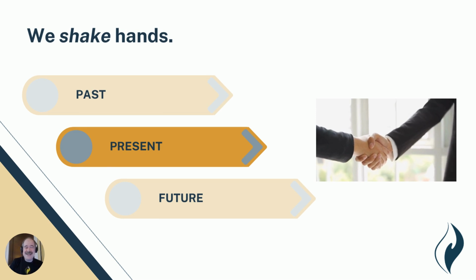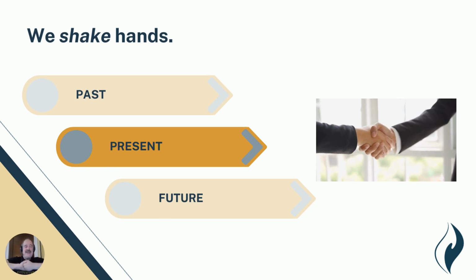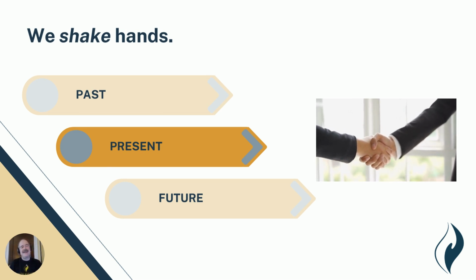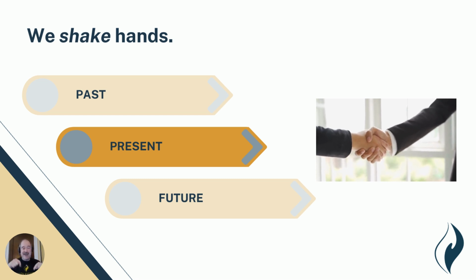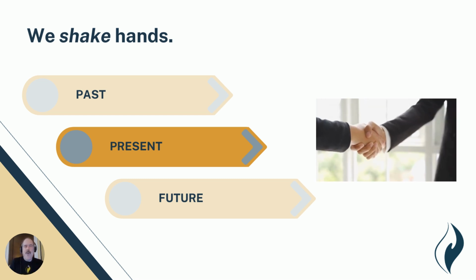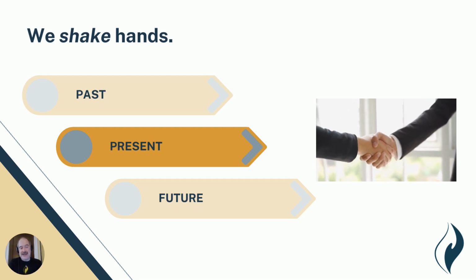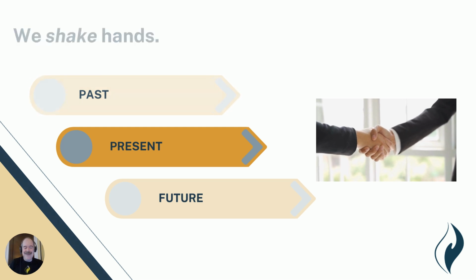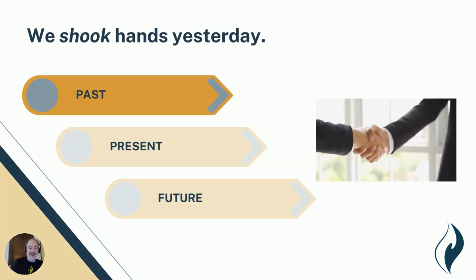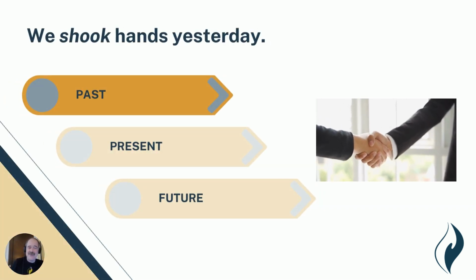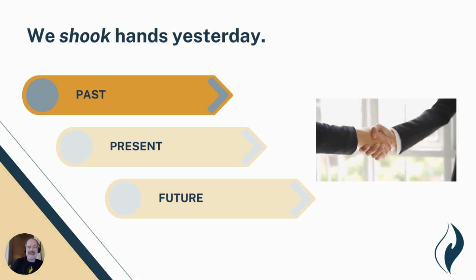All right, present, simple, easy cheesy. We shake hands. That can mean happening right now or habitually. We shake hands every Tuesday. Now, we also have past tense. We shook hands yesterday.